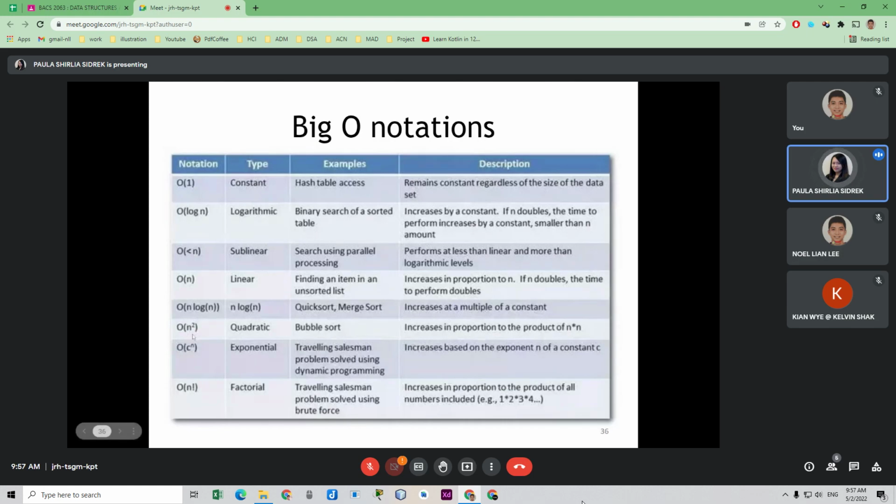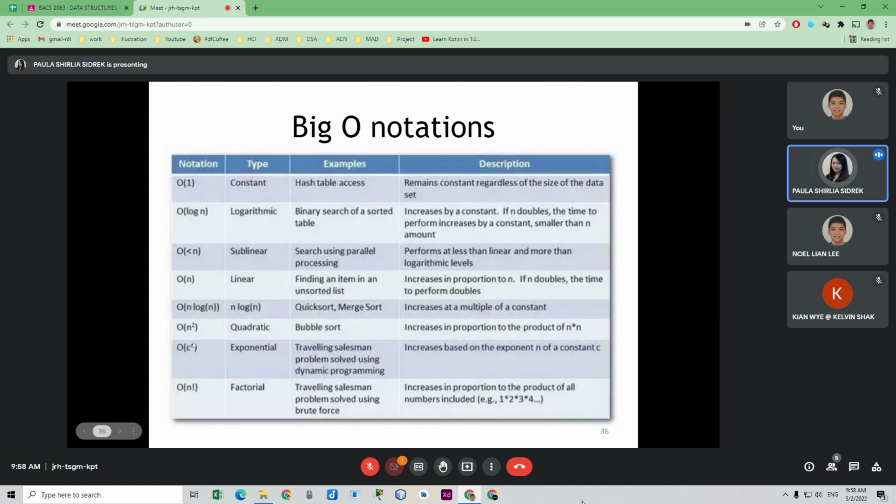Okay, O(n²). That's quadratic. Quadratic means, if you have sorting loops and all that, for this equals to this, those for loops are quadratic. Whenever you have a sorting, you want to go into a loop that is using this quadratic.